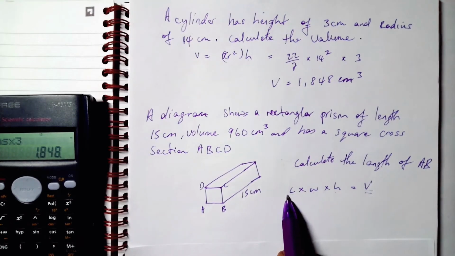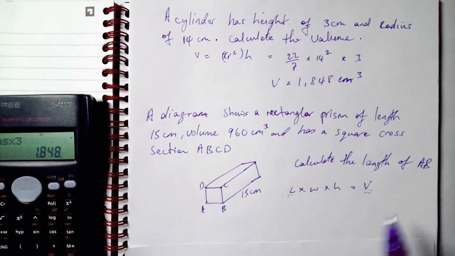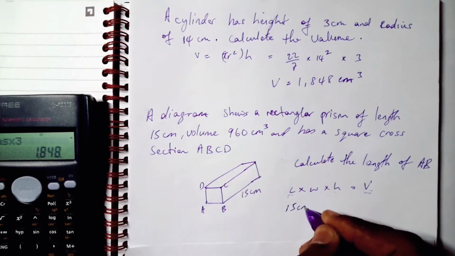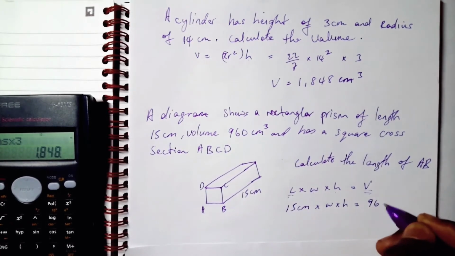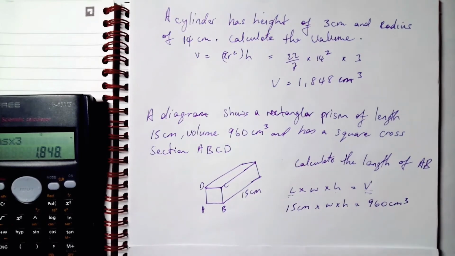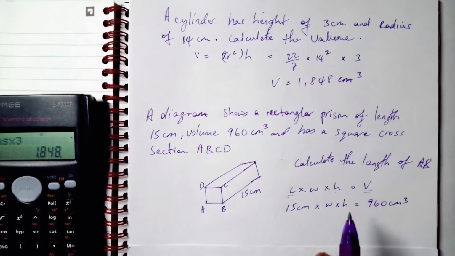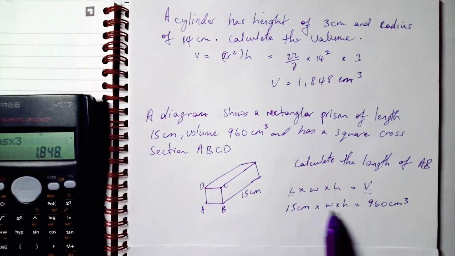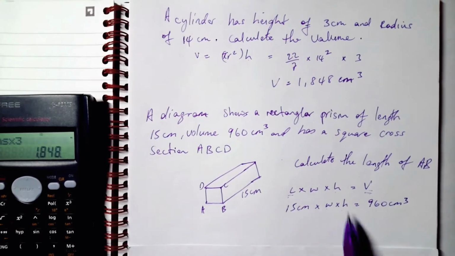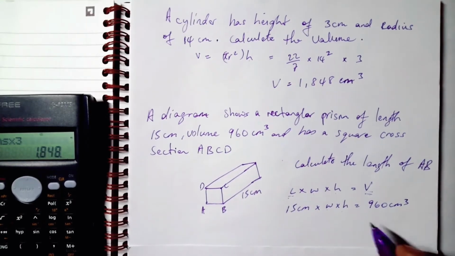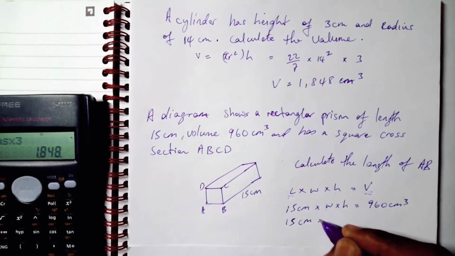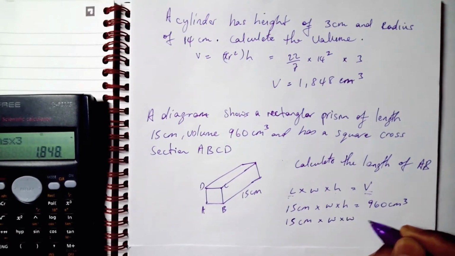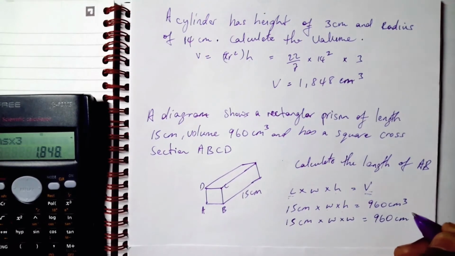So we know this is 15, this is 960. Let's write those in. 15 centimeters times W times H is equal to 960 centimeters cubed. These two are the same, so we can change this from H to W. So we get 15 centimeters times W times W is equal to 960 centimeters cubed.